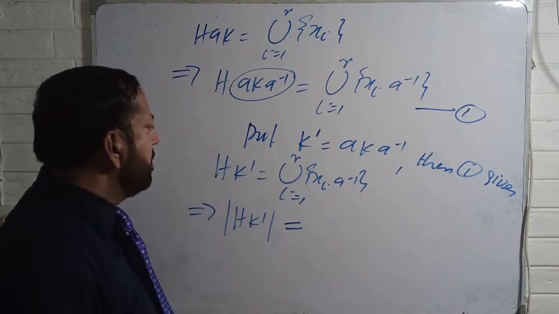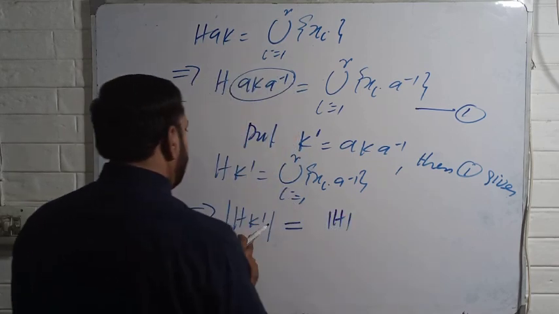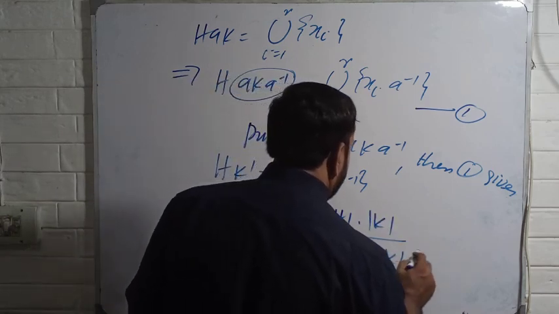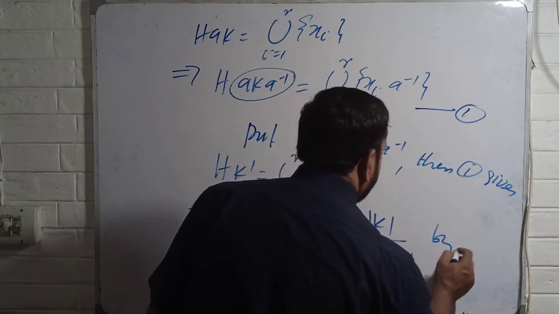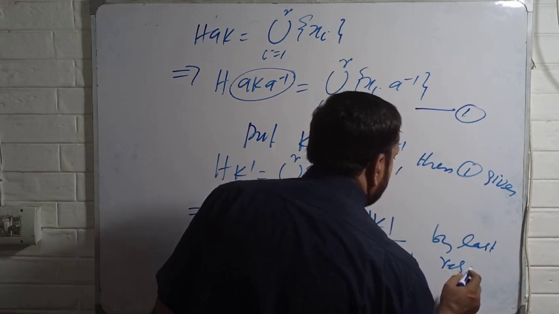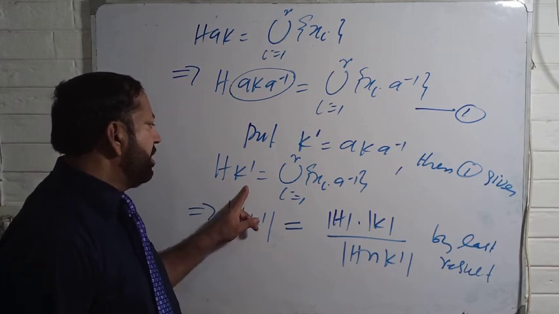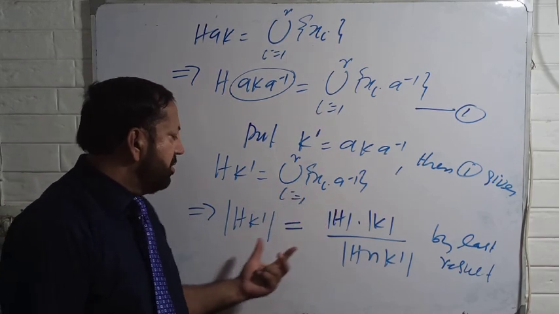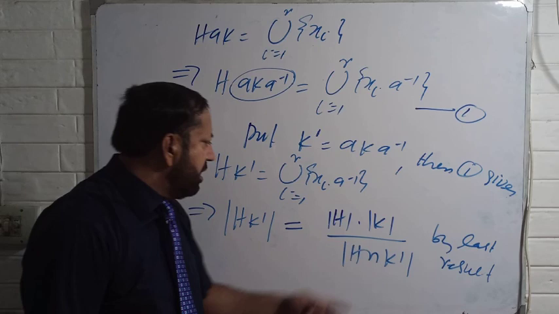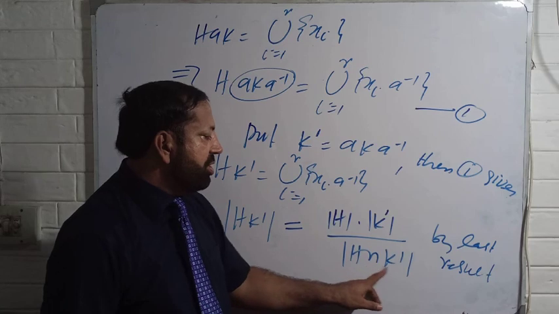By the last result, you can write this: the order of HK' is the order of H into the order of K' over the order of H intersection K'. Okay, in the last result you have shown that, because the elements are different, the order of HK' is equal to order of H into order of K' over order of H intersection K'.